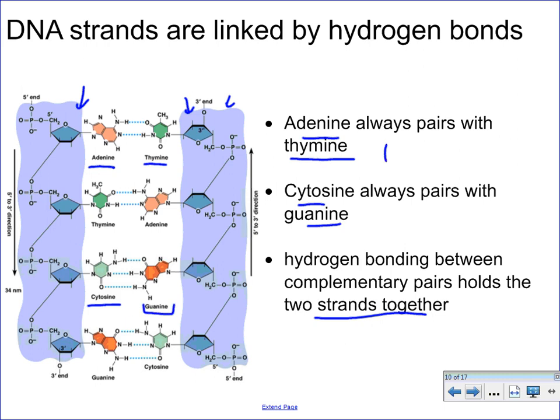So adenine will always pair with thymine, or thymine will always pair with adenine. Cytosine will always pair with guanine, or guanine will always pair with cytosine. So these are referred to as complementary pairs. They will always be found paired up on those opposite strands.